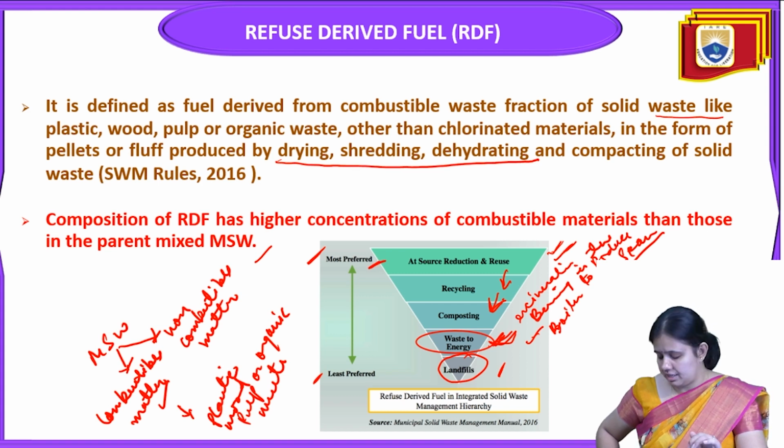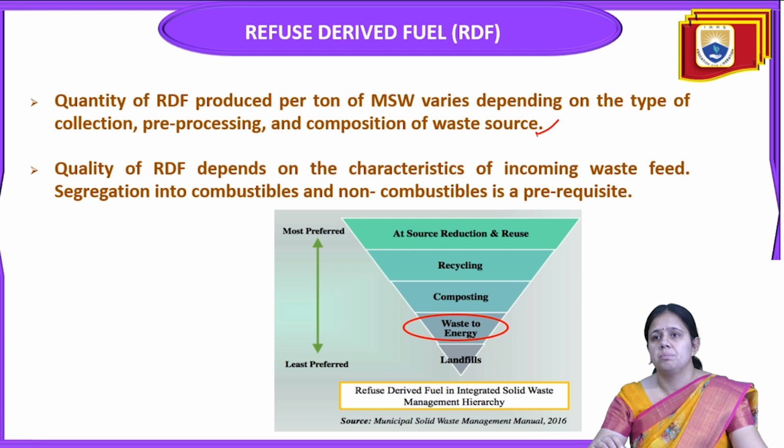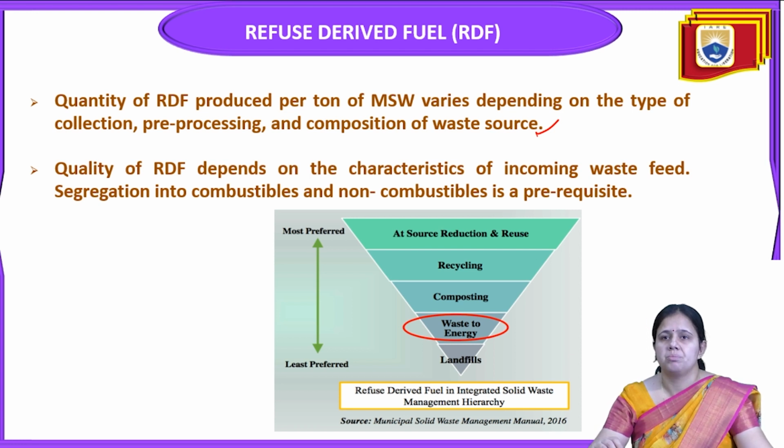Now comes the next point. You can see the quantity of RDF produced per ton of MSW varies. It depends upon the type of collection, pre-processing and composition of the waste source.